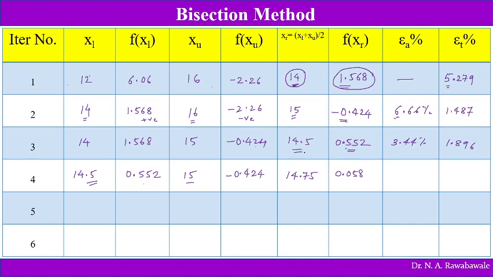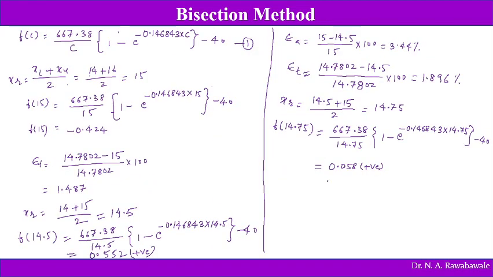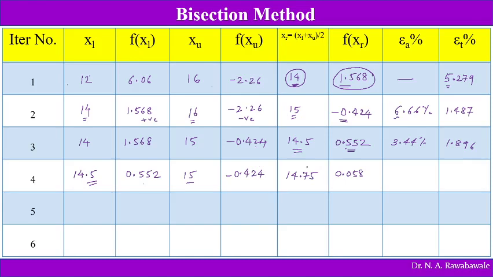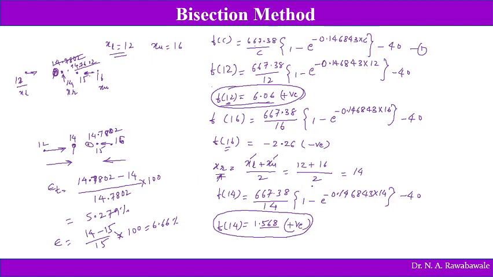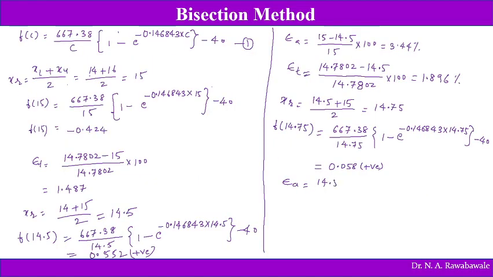Now we have to find the approximate error. Earlier approximation was 14.5, new approximation is 14.75. So approximate error is 14.5 minus 14.75 divided by 14.5 into 100.